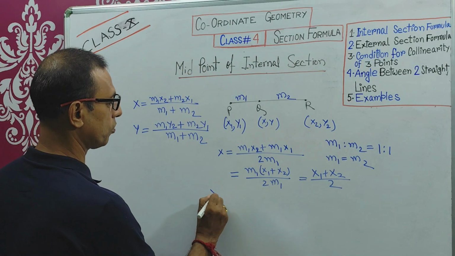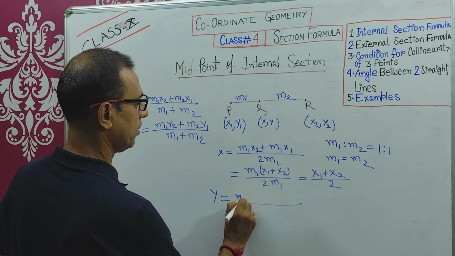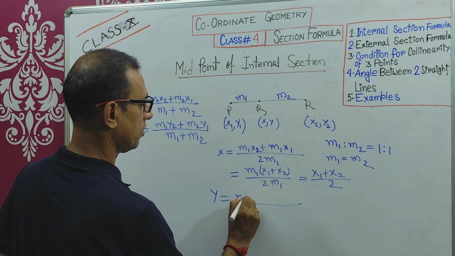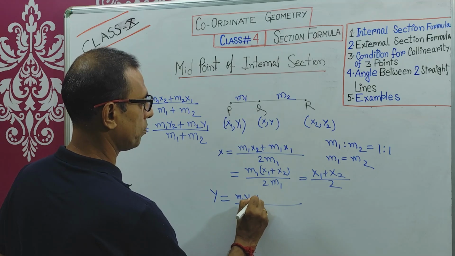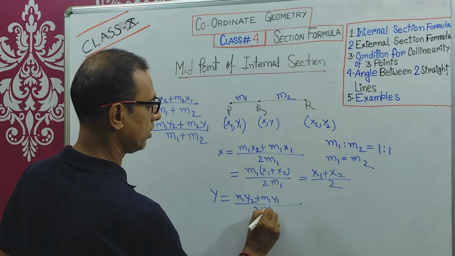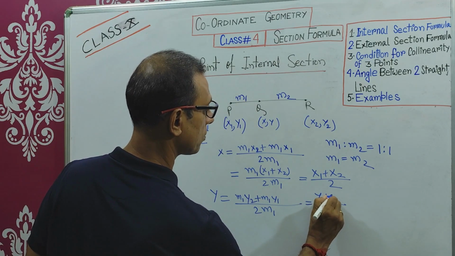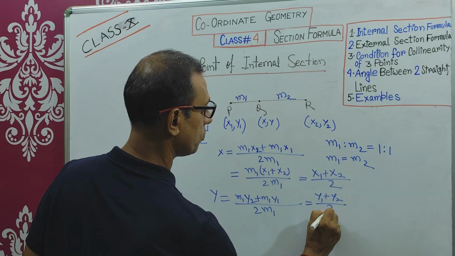Similarly, y also will be m1 y2 plus m1 y1 by 2m1, that is ultimately y1 plus y2 by 2.